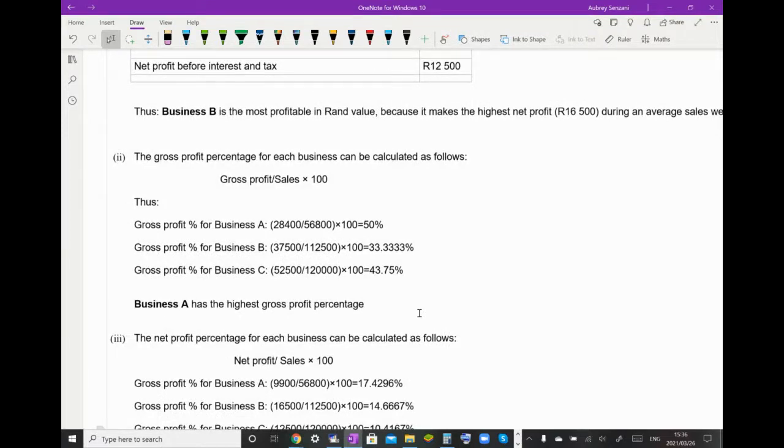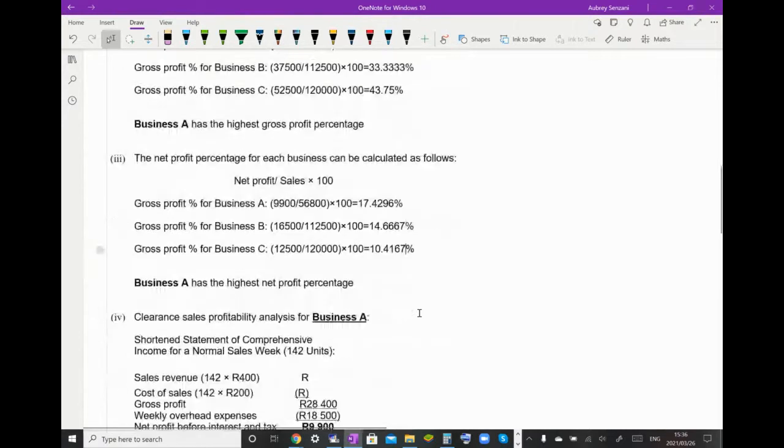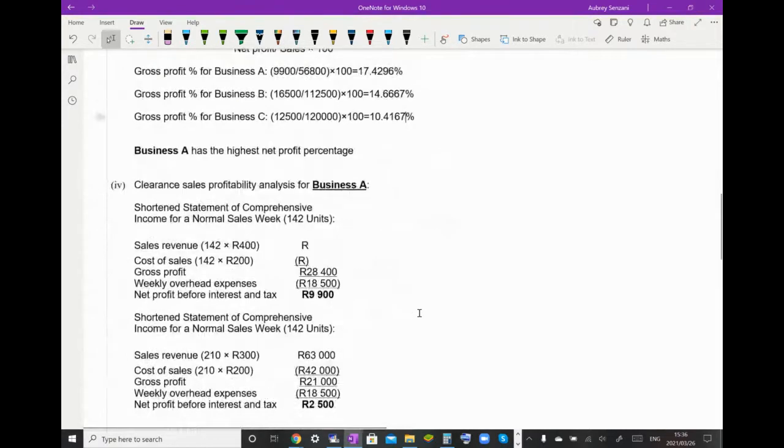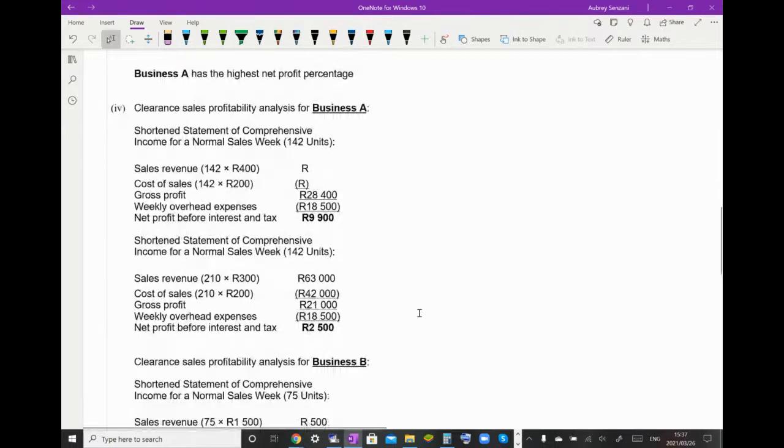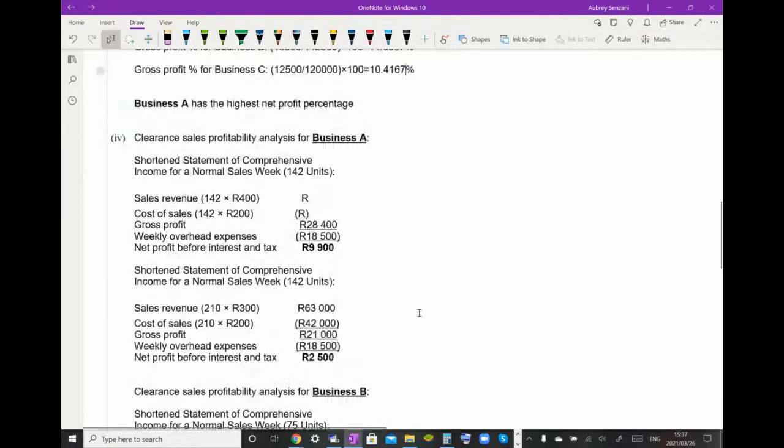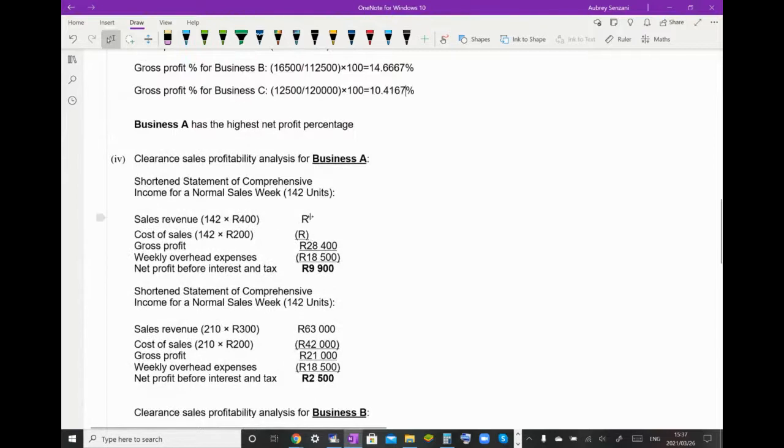Okay. Right. Awesome stuff. So that was pretty straightforward. And then I think the last bit there, what did they want us to calculate? Now with the last bit, they want us to calculate, there's a clearance sale in each of the weeks, right? And then they want to calculate whether that was a good idea for the respective businesses. Okay, so all that I want us to do there is to quickly just calculate business A's revenue and cost of sales.